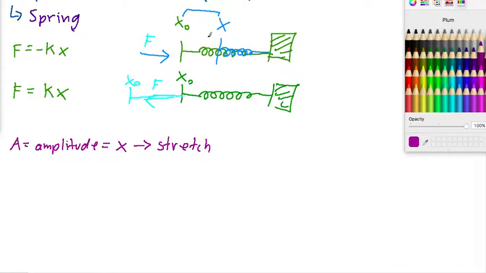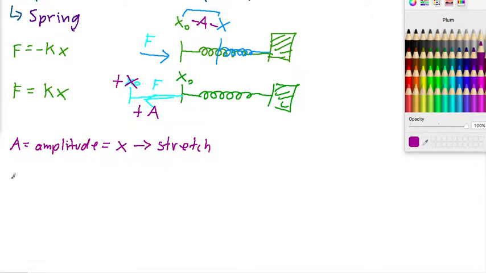From here to here, that's x, but that is also known as A. Of course, because we're pushing into the spring, this would be negative A, negative x, and this would be positive A, positive x. So the amplitude is just equal to the stretch.